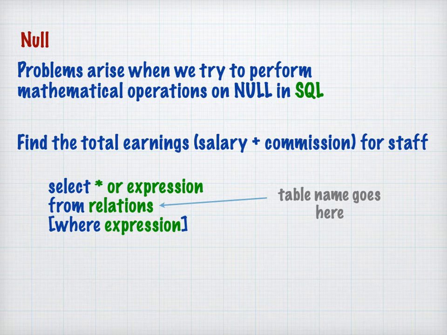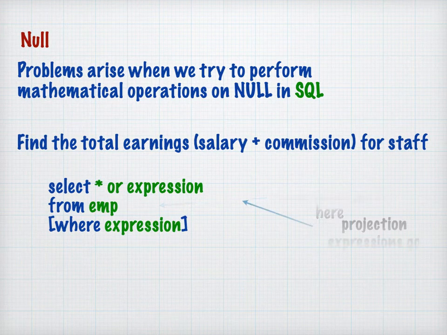So let's imagine that you wanted to work out what the total salary costs were for all our staff. So salary, of course, plus commission is how we work out the salary costs. So we want to show the total earnings. So let's construct our SQL. We're going to use the emp table, and then on the top line we want to see the people and how much they earn.